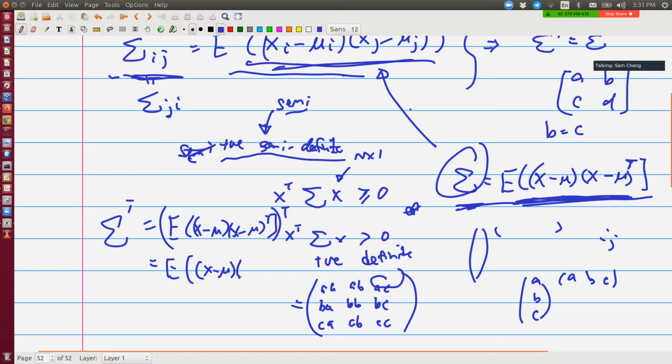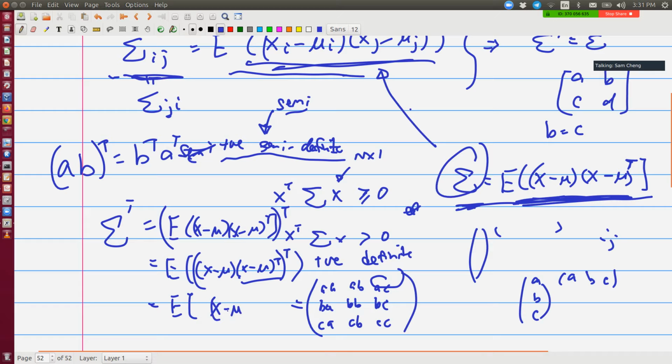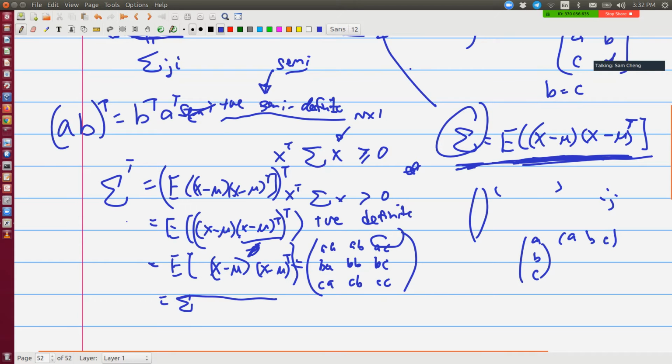Then A B transpose is equal to B transpose A transpose, so this is the expectation of x minus mu transpose times x minus mu transpose transpose. But the transpose of the transpose is just itself. So this is equal to the original, sigma. Therefore it's symmetric.